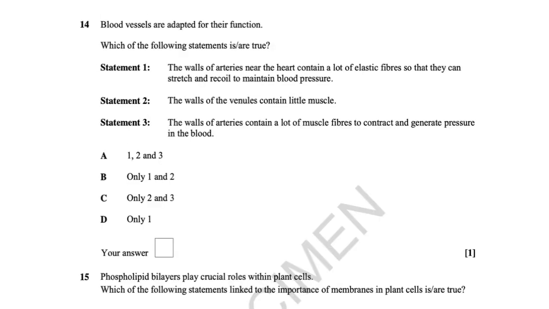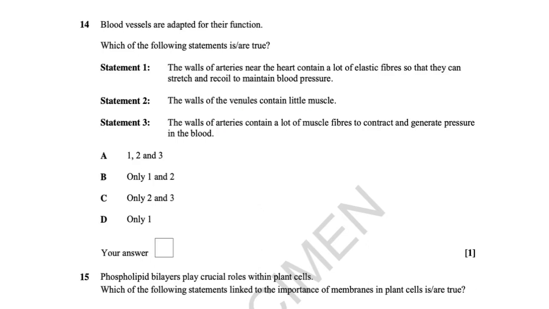So blood vessels are adapted for their function. Which of the following statements are true? The walls of the arteries near the heart contain elastic fibres so that they can stretch and recoil to maintain blood pressure, which is true because they have to have an elasticity as the blood spurts out of the ventricles and so that they can expand. The walls of the venules contain very little muscle, which again is true.